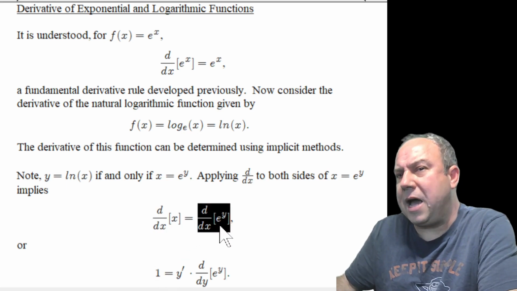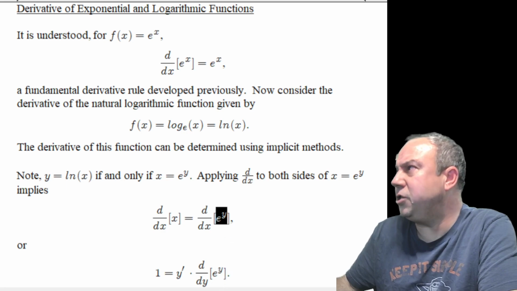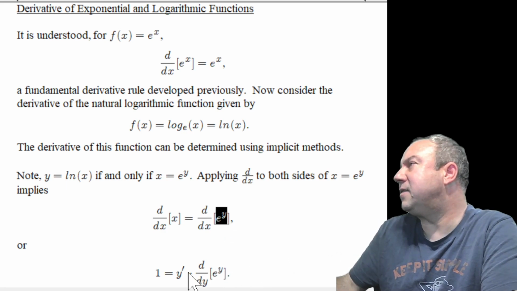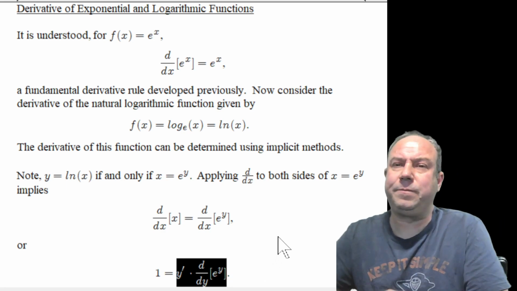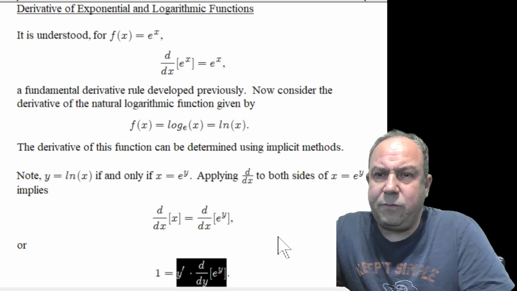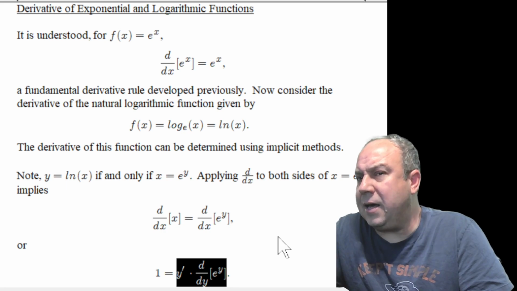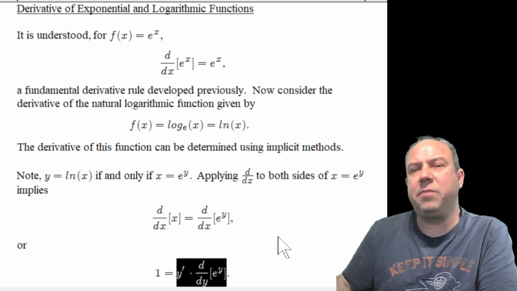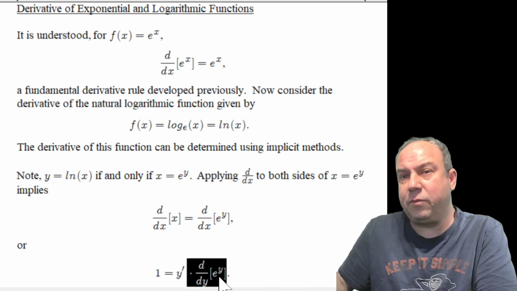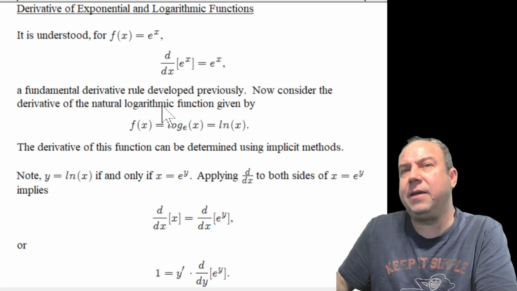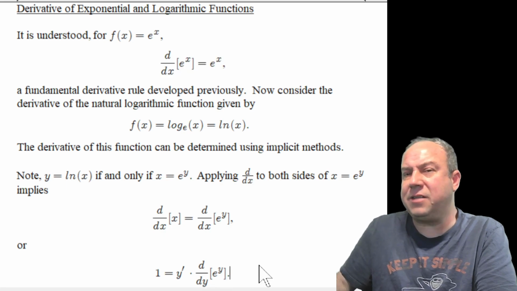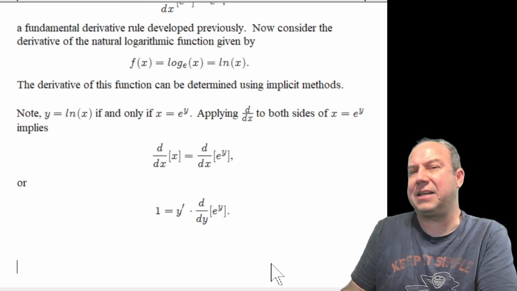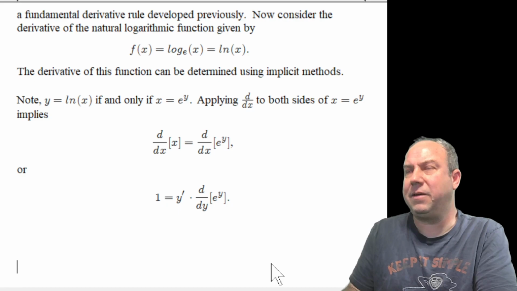But when we apply it on the right, because our function is not a function of x, we have to use those implicit techniques and note that the derivative with respect to x for e to the y is actually y prime, the derivative, times the derivative with respect to y for e to the y, which from the above result we know is just e to the y.